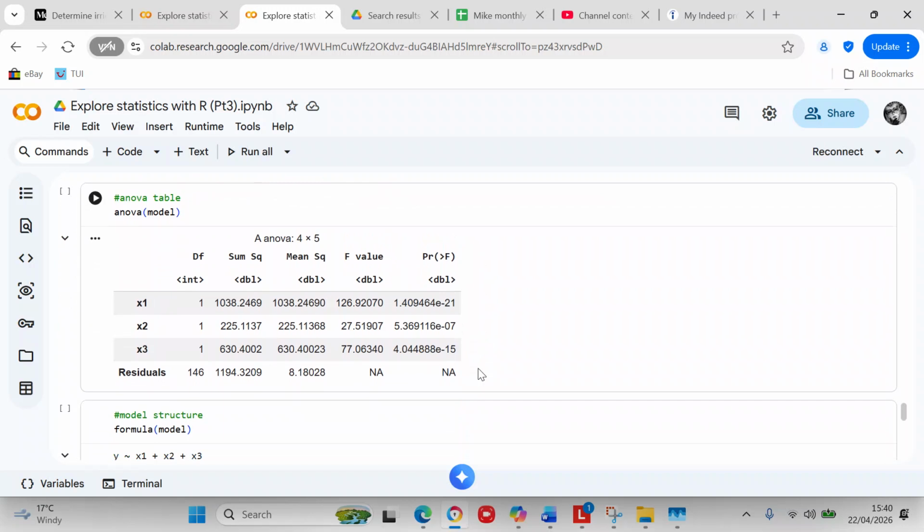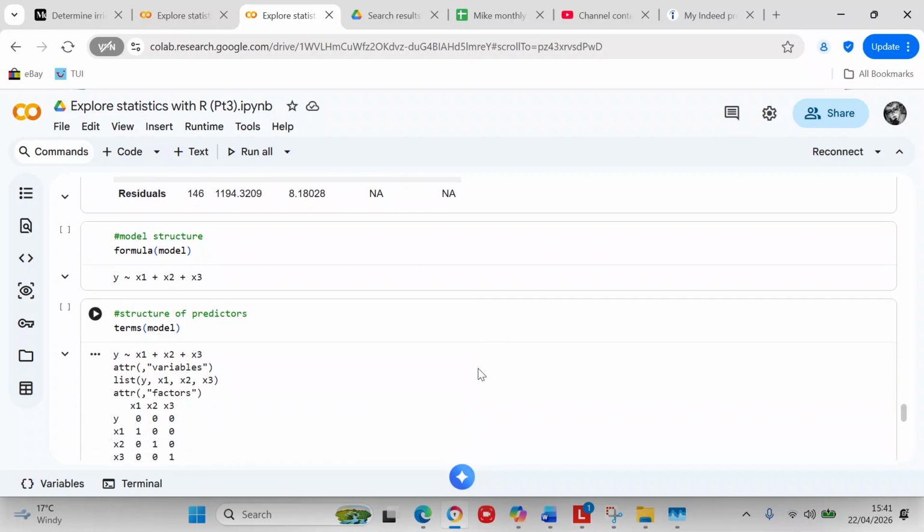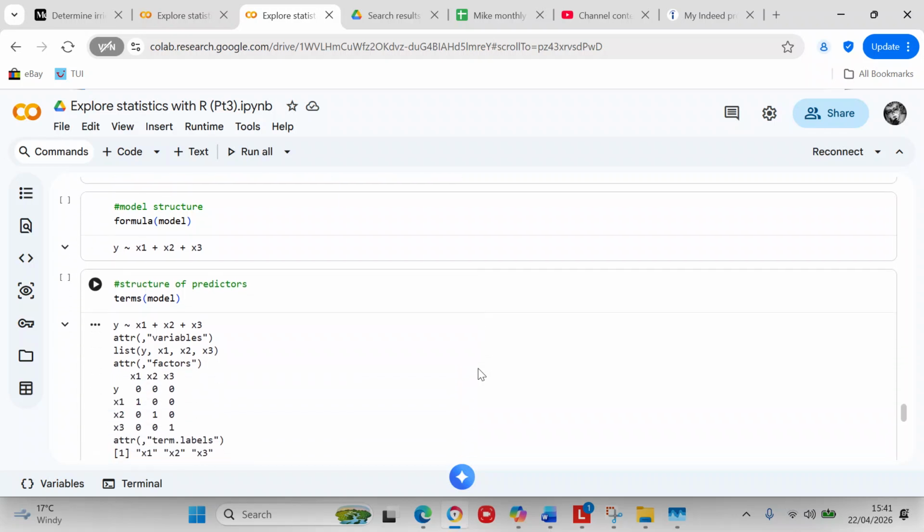You've got your ANOVA, that's your analysis of variance. So it gives you a data frame of how the X1, X2, X3 compare to each other, and also the residuals. You've got your model structure. So you type formula model, and your model structure is Y tilde X1 plus X2 plus X3.